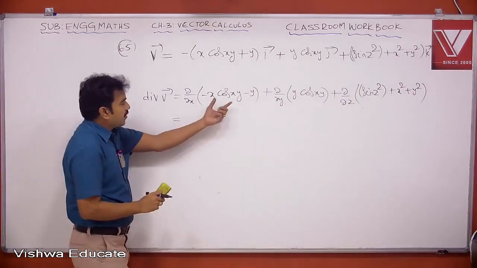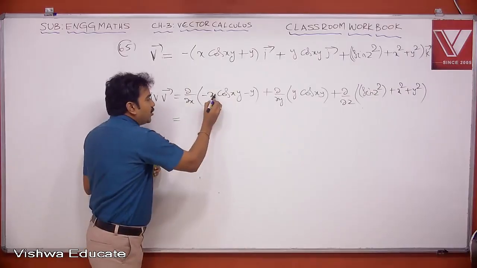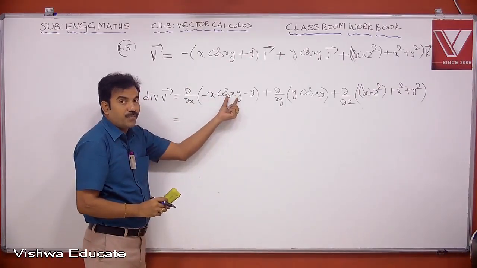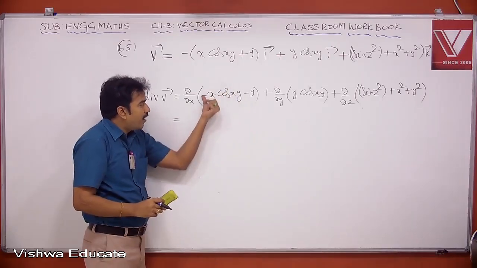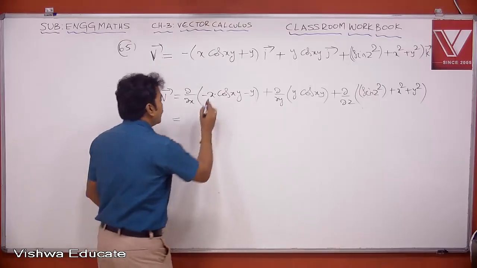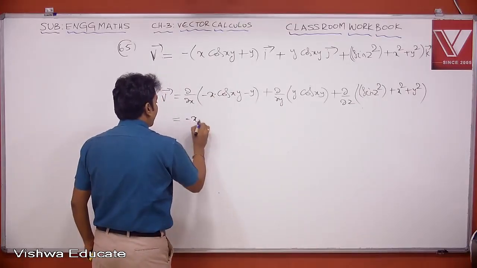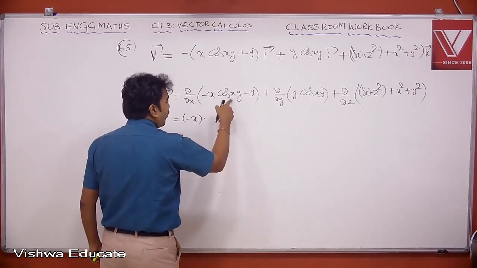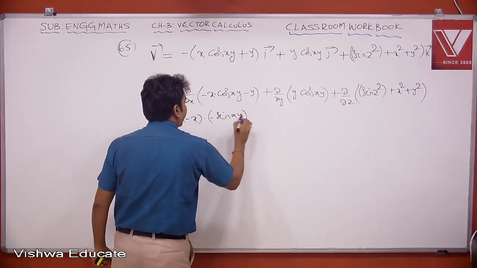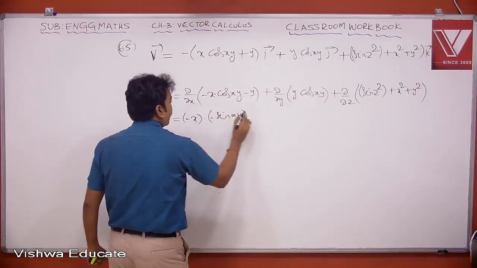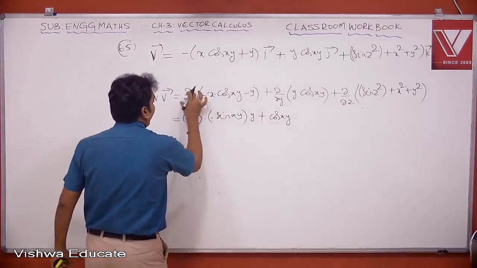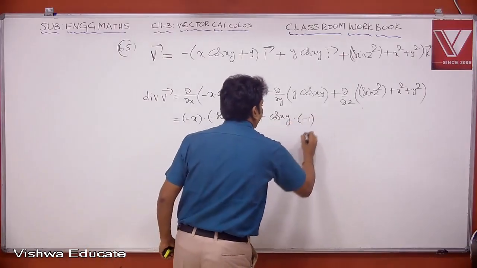Now when you are differentiating this with respect to x, here it is a function of x, and it involves x also. So in order to find dou by dou x of minus x into cos xy, apply the product rule. So this is minus x into dou by dou x of cos, the derivative is minus sine, so minus sine xy into the derivative of xy, plus cos xy into dou by dou x of minus x, it is minus 1.